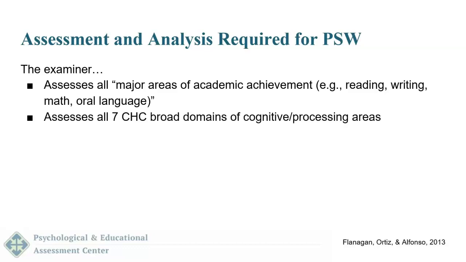The examiner assesses all 7 CHC broad domains of cognitive processing areas. CHC refers to the Cattell-Horn-Carroll broad domains, which include crystallized intelligence, fluid reasoning, long-term storage and retrieval, short-term memory, visual processing, auditory processing, and processing speed.